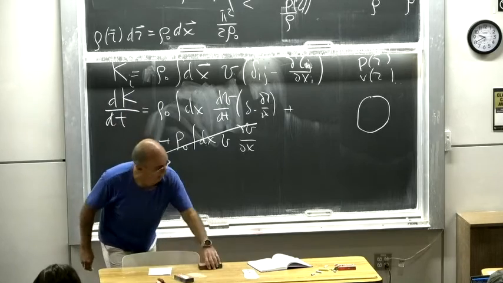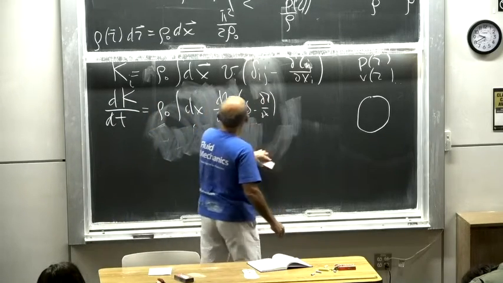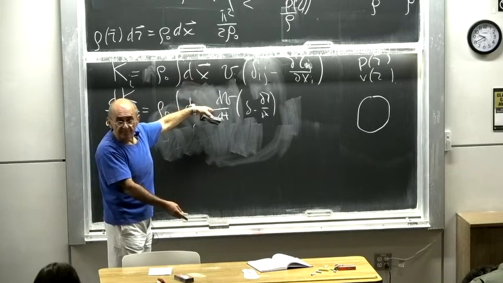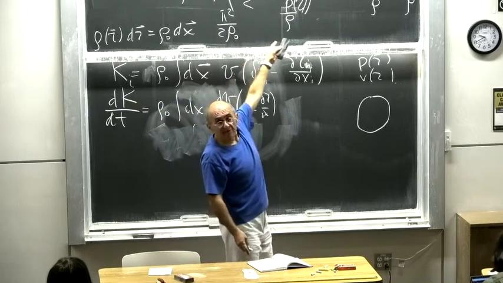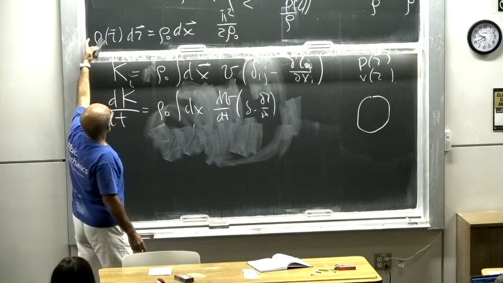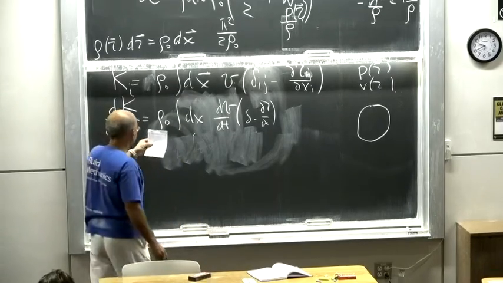So now, when I get rid of this term, I need to substitute here dv dt, which by the Euler equation is a gradient of pressure over rho. Then use this, let me write it with a little bit more detail.